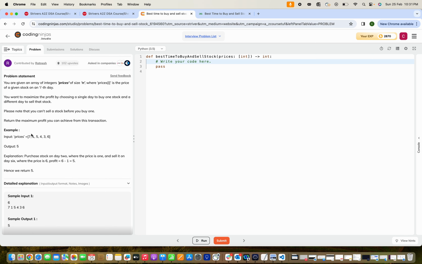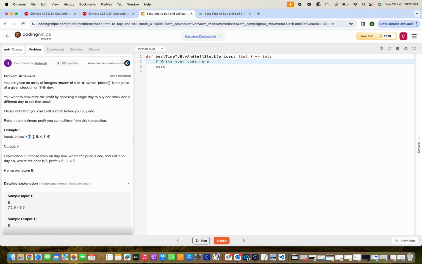Alright, so let us consider this example. Input, we are given the prices array, which means that we need to maximize the profit. Now how to deal with this question? Suppose I purchased an item at 7.